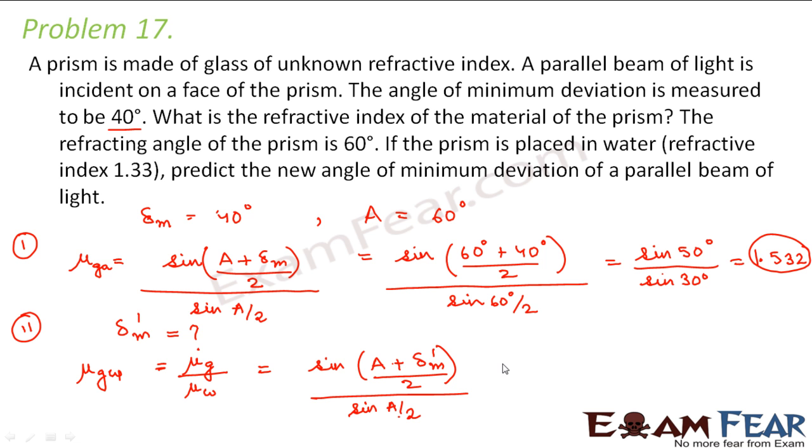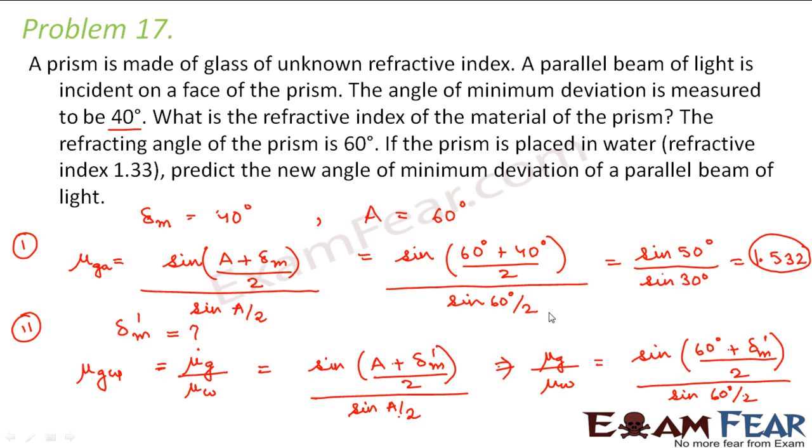Now if we put the values, we get mu G divided by mu W is equal to sine of (60 plus delta M dash) divided by 2, divided by sine of 60 divided by 2.